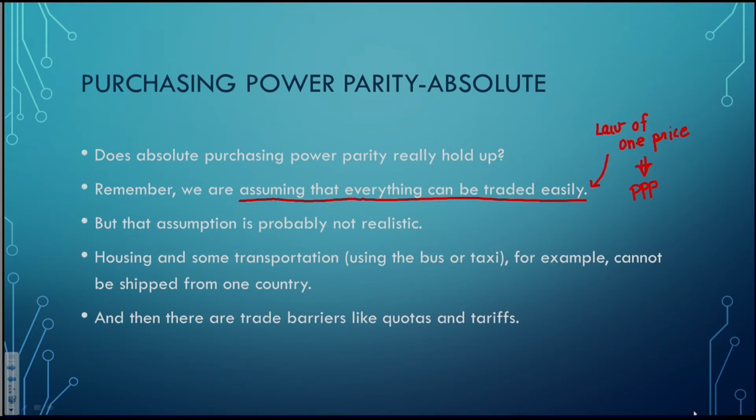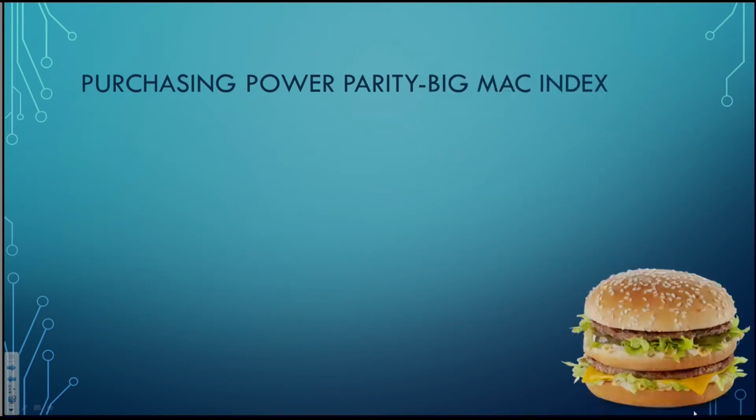So we're moving a little bit away from the law of one price and a little bit away from purchasing power parity. So two examples I've given you: housing and transportation, which we can't just ship from the U.S. to Thailand. And then there are quotas and tariffs, trade barriers that either limit goods or manipulate prices.